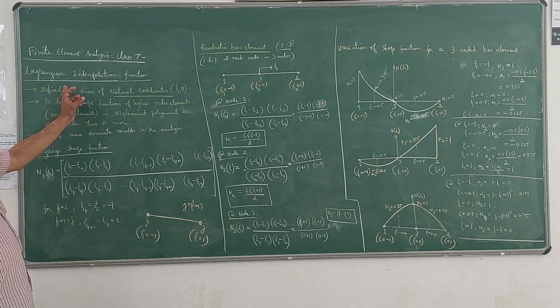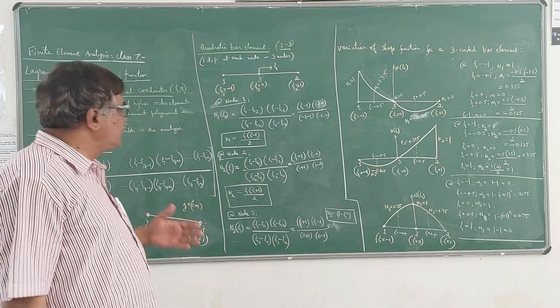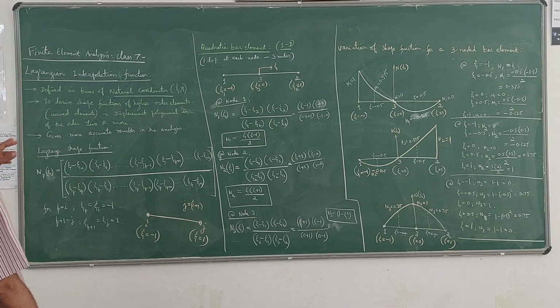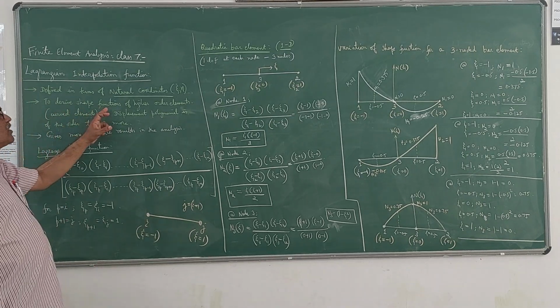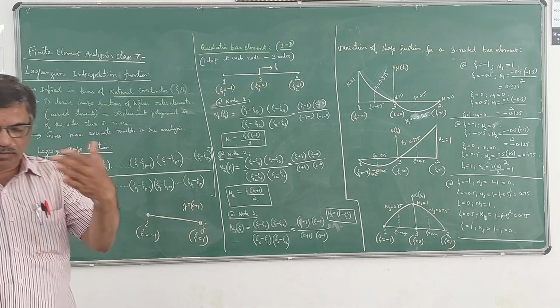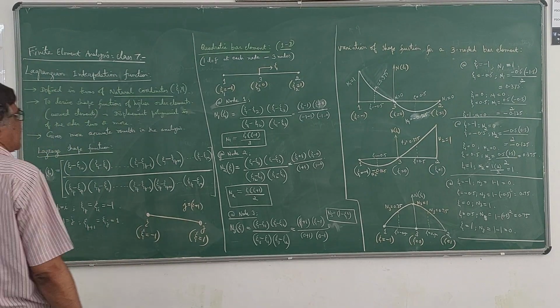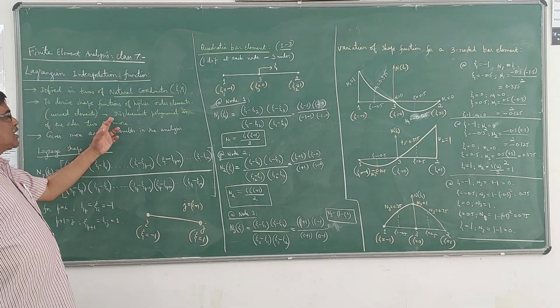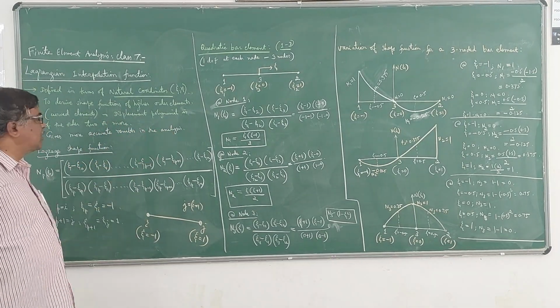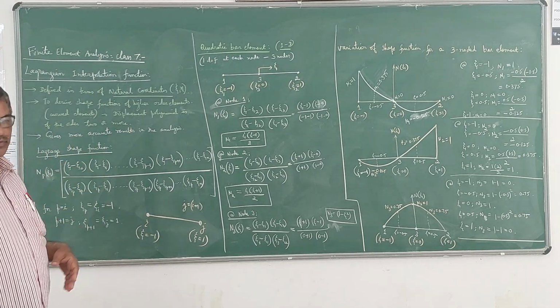This Lagrangian interpolation function is defined in terms of these natural coordinates, and it is used to derive shape functions of higher order elements. Higher order elements means, suppose you have a curved element, you can call it a higher order element, because the displacement polynomial used to define curved elements will be of order 2 or more.